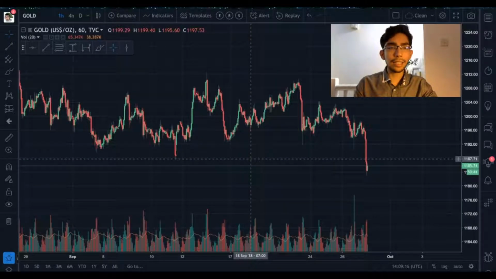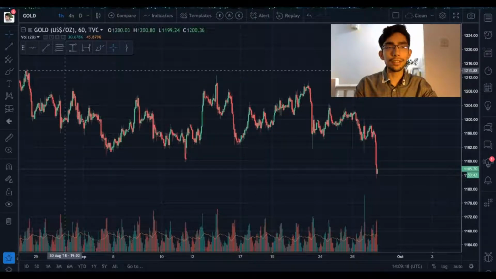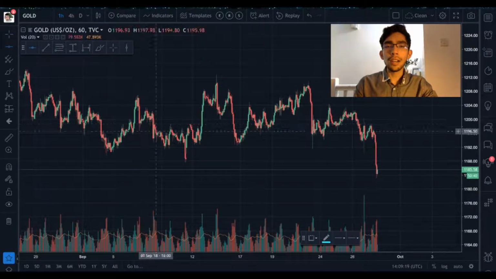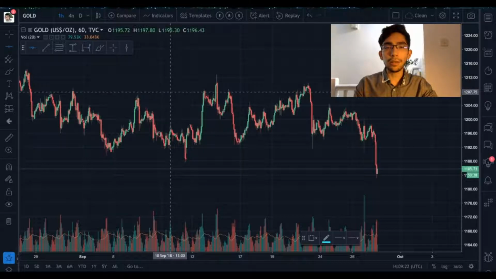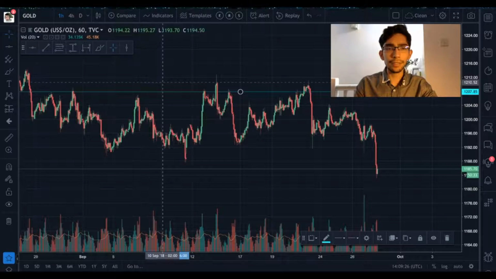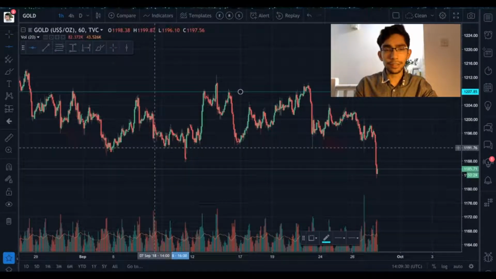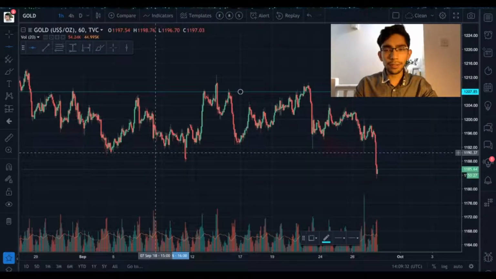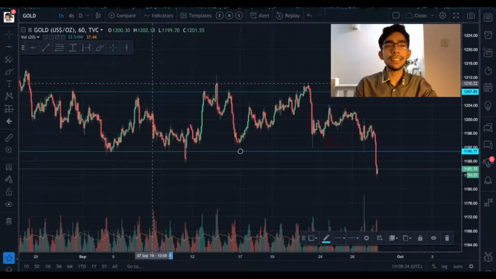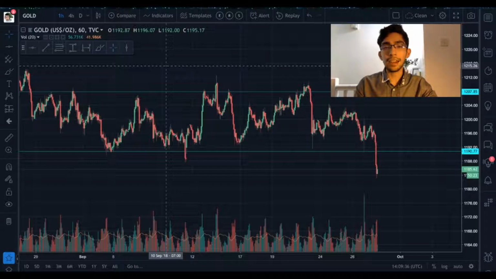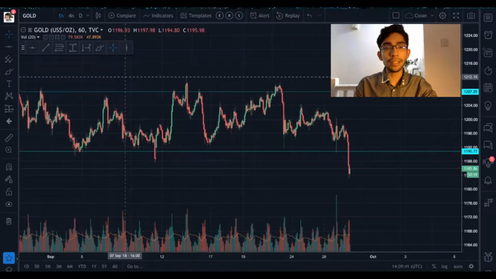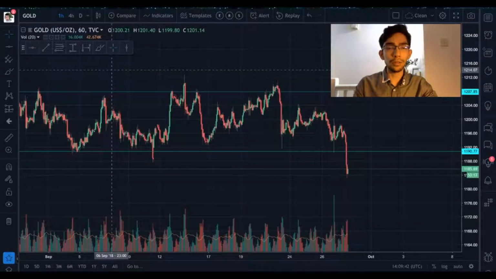So if we do a little recap over here, for instance, if we wanted to assess this ranging market, we know that here we got a resistance around that level, and we also can see that we have a support more or less at this level. And again, TA is not perfect, it's not like a hard science, it's more about the interpretation that you get and also how you go along with the market.